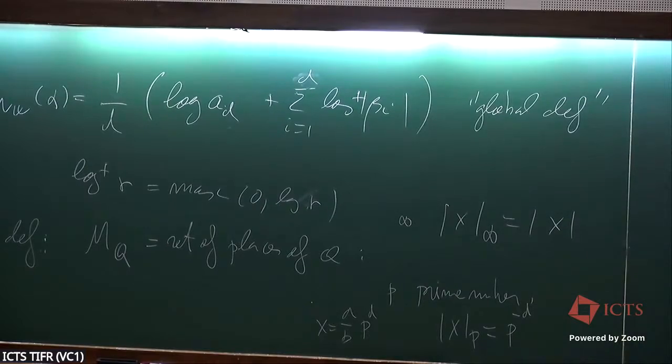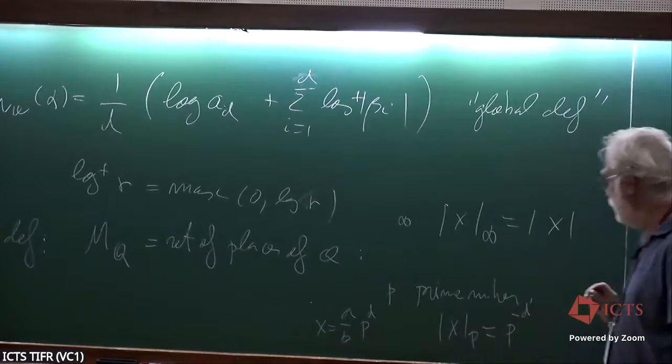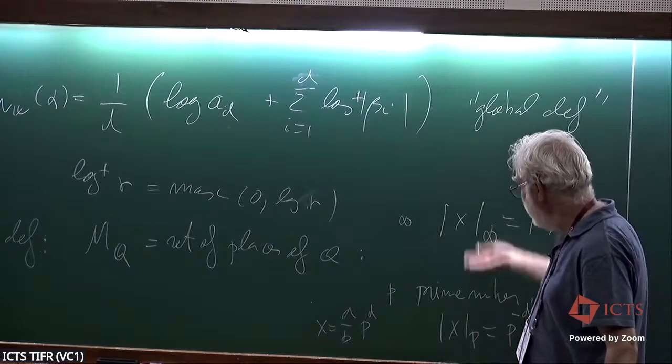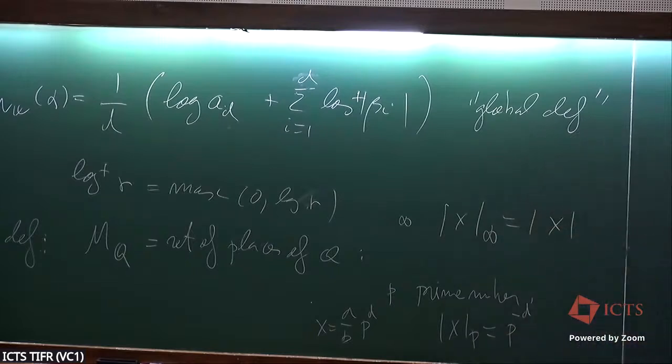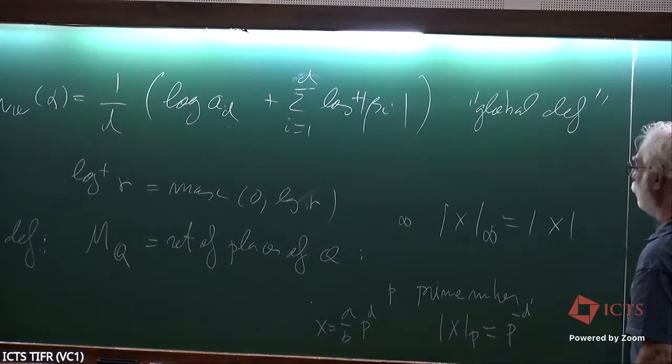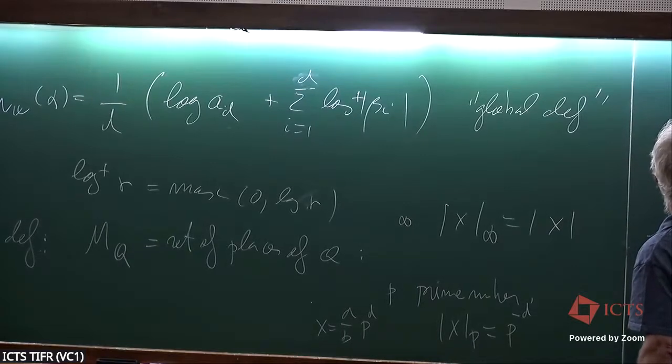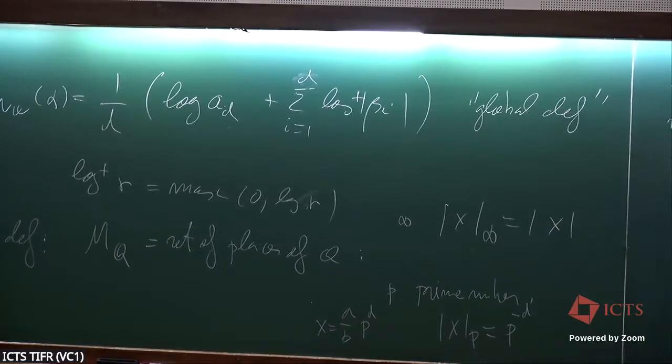Okay, so higher powers of p are smaller with respect to the p-adic absolute value. So the set of places of Q is just the set of all possible non-trivial, non-equivalent absolute values, normalized in such a way that if I take the product over all the places v inside M of Q of the absolute value of x at v, this is always equal to 1.